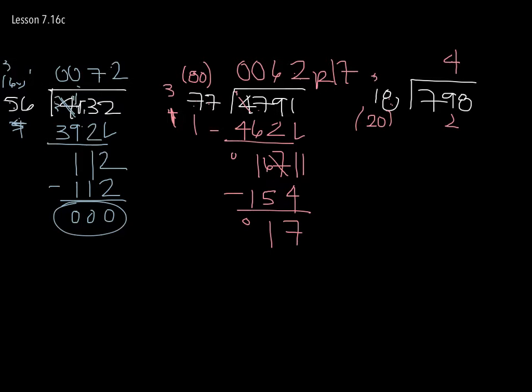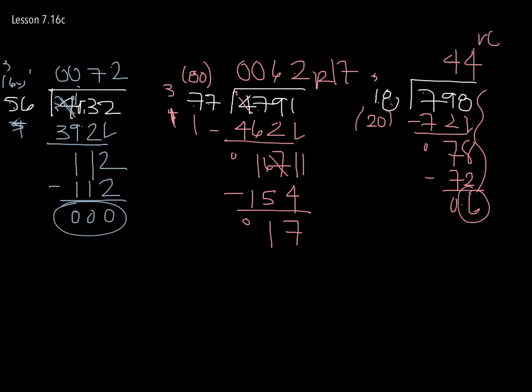Carry the 3. 4 times 1 is 4, plus 3 is 7. Let's subtract. That's 7, 0, bring down the 8. Okay, now this is pretty close to this, so it's going to be 4 again. So it's going to be 72, 6, 0, and we're going to make the remainder 6.